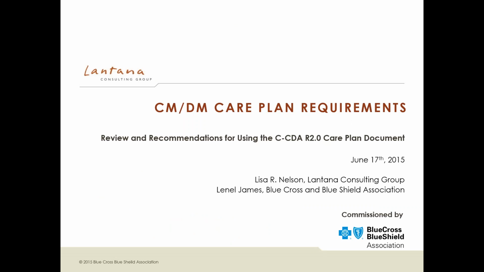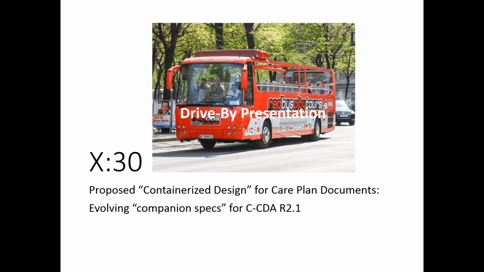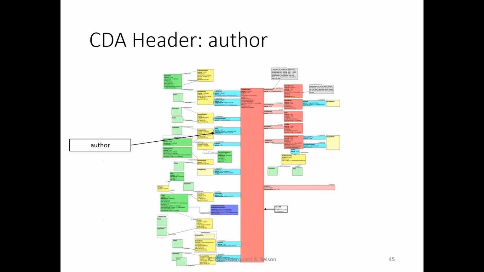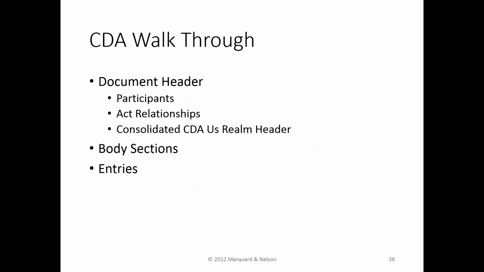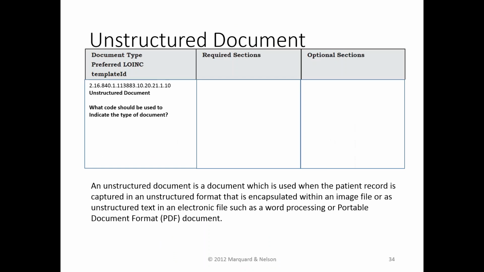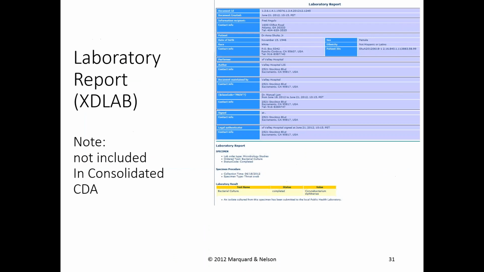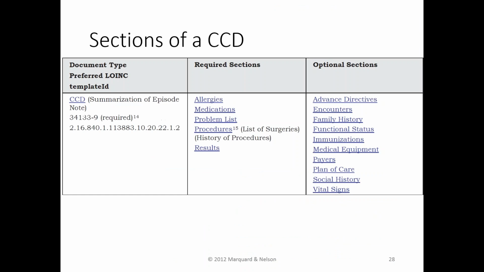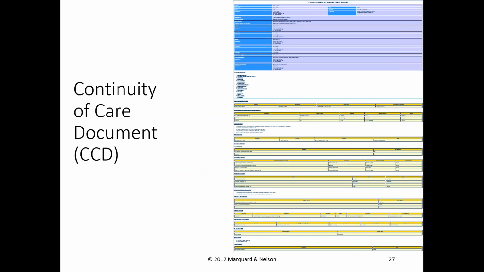We didn't really end with an example here, but I'll go back to this picture of the C-CD document. Sorry about that. That's what happens when you repurpose content for something else. In a C-CD document, the header is represented up here.